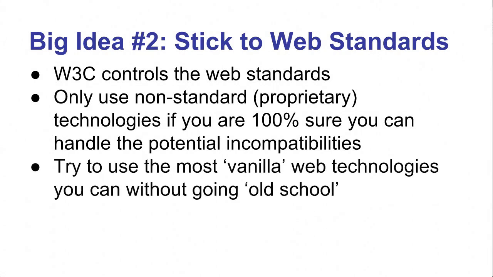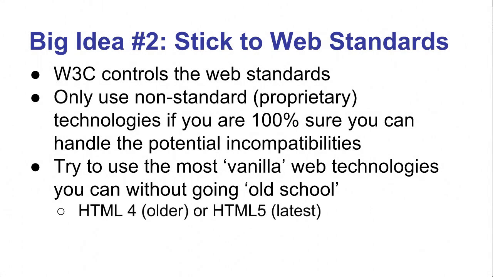So the idea is to use vanilla web technologies that are supported by the standards, pushing for recent standards as your user base allows. You'll use HTML4 perhaps, which came out in the 90s, but it's giving way to HTML5, which provides lots of improvements for users and developers alike.